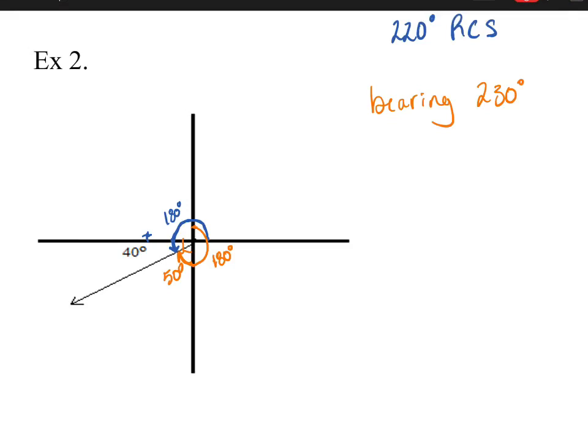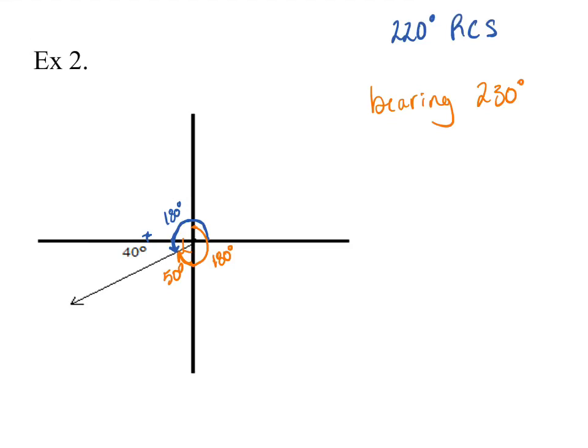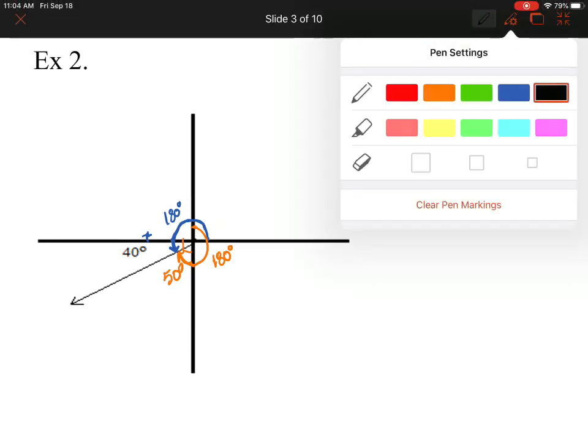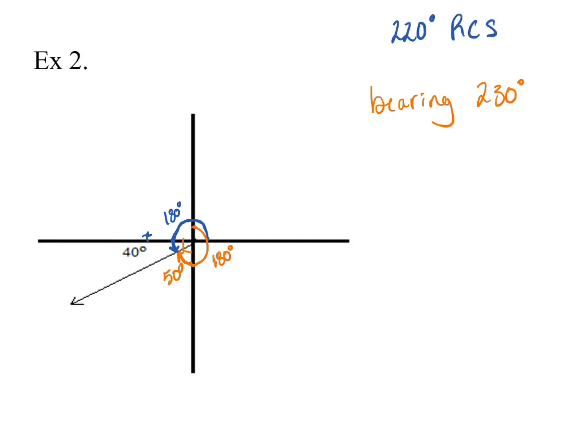Okay, and then finally we want the ones that we use most, which is our navigational coordinate system. In that case, we just want north of east, east of north, all that fun stuff. So again, we know we have north, south, east, west. This guy is going in the southwest direction, right? But of course, we need to say exactly how much.